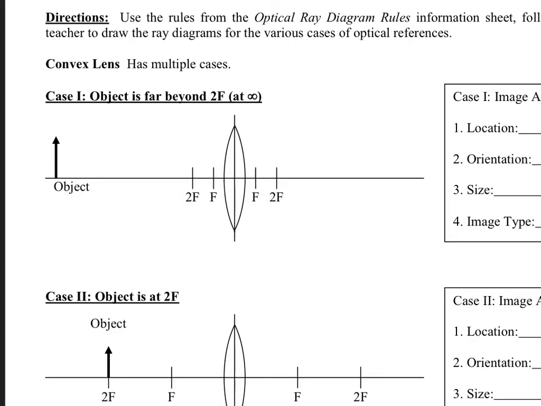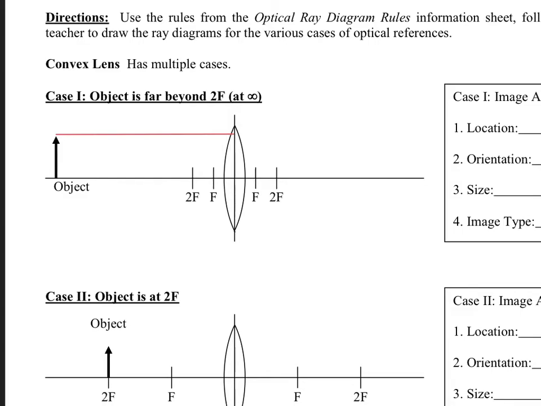So our first ray has to begin parallel to the principal axis and hit the lens. So let's do that real quick. From the tip of the object, parallel to the principal axis, and it hits the lens, like so. Then for a mirror, it reflects back through the focal point.